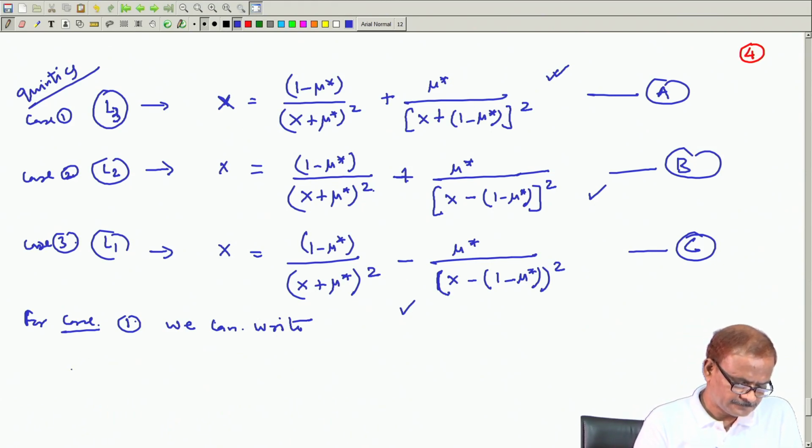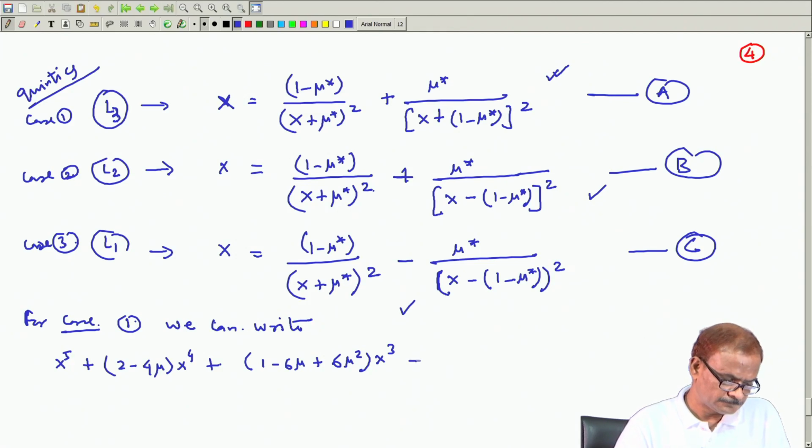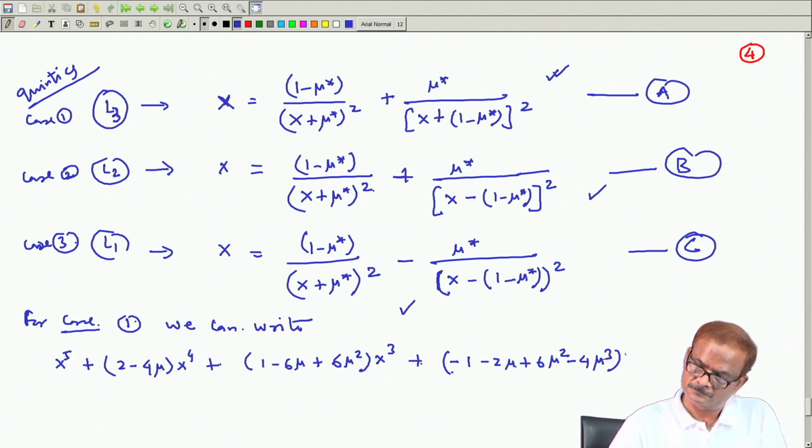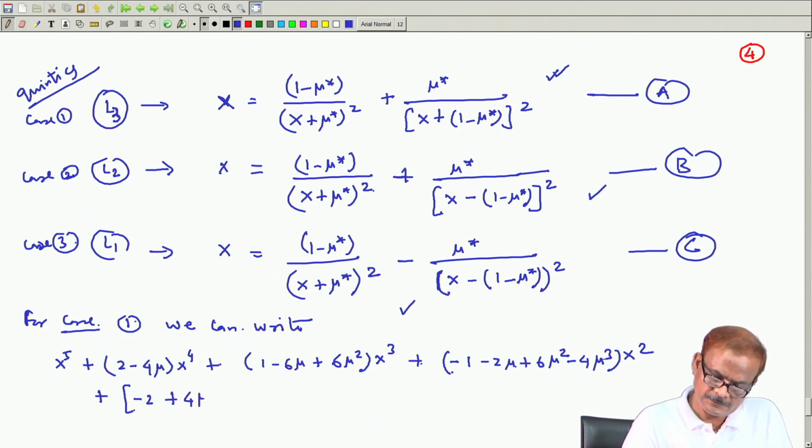So, this can be rewritten as x to the power 5 plus 2 minus 4 mu, minus 2 plus 4 mu plus mu square minus 2 mu cube plus mu to the power 4.